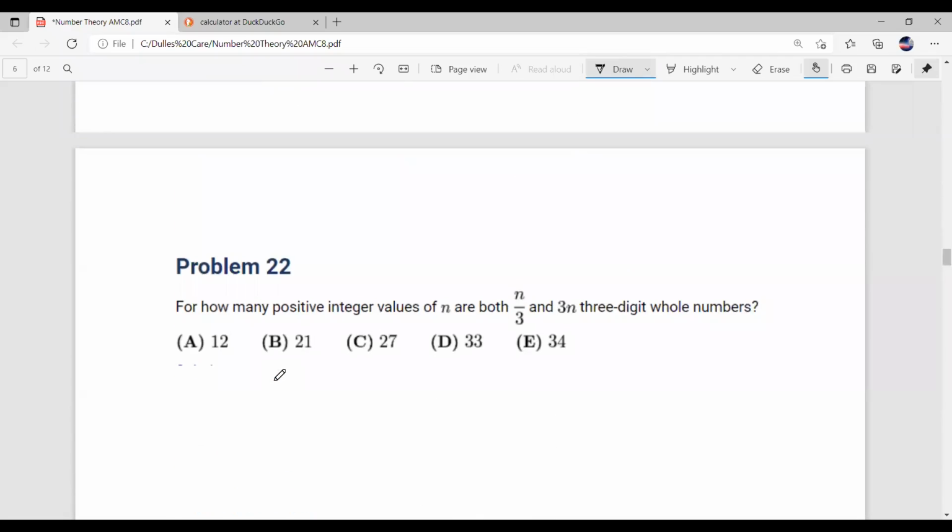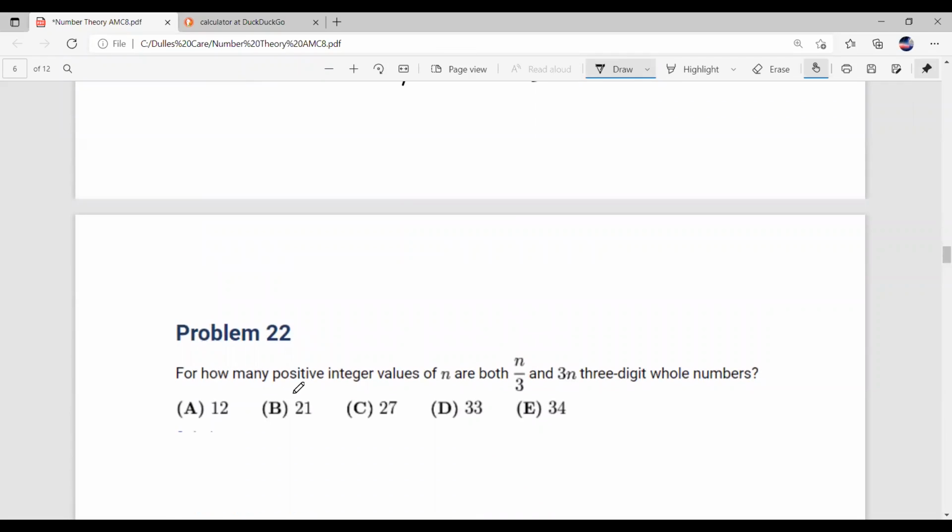All right, so let's look at problem 22. For how many positive integer values of n are both n over 3 and 3n 3-digit whole numbers? So this is also a very interesting problem.